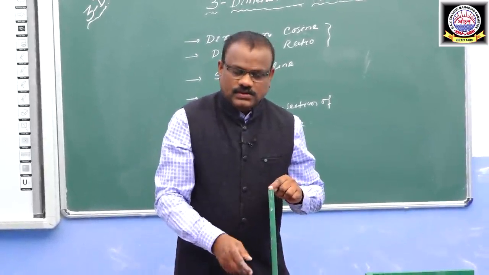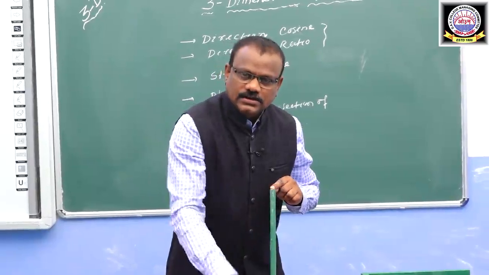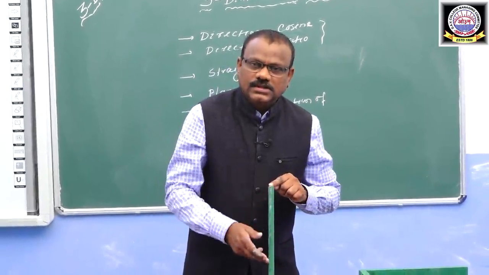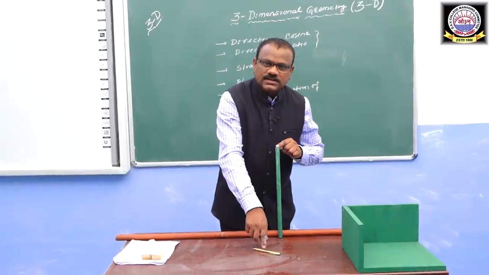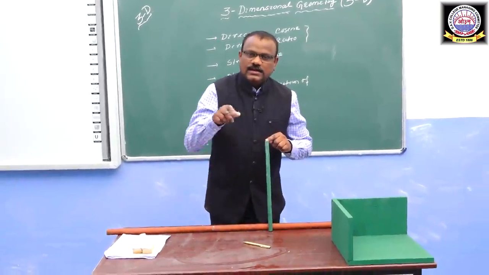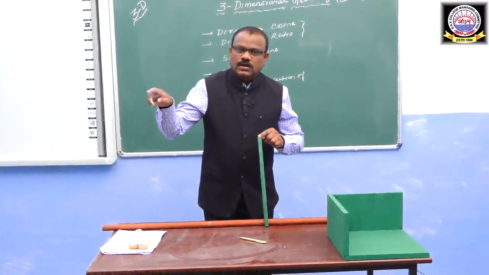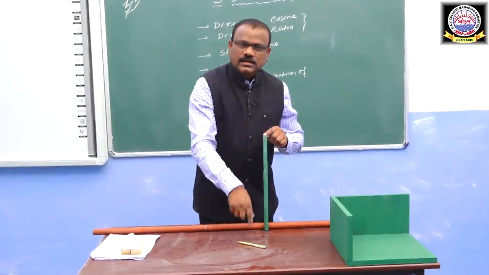If you do the dot product of A cross B and the C vector, then A cross B within bracket dot C should be equal to 0, as this vector and this vector are perpendicular to each other.